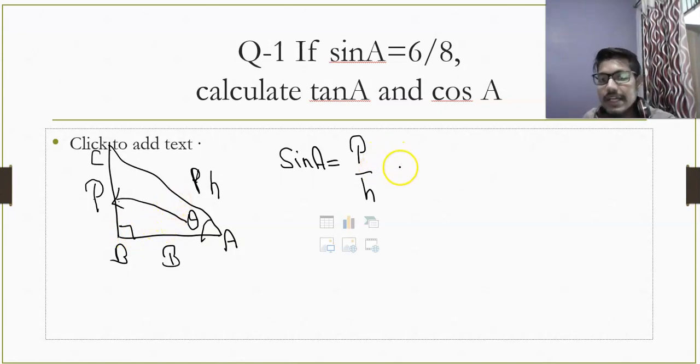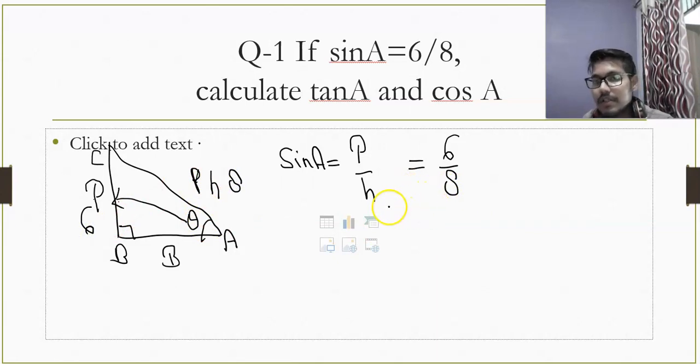So sin A equals perpendicular upon hypotenuse. Here perpendicular is 6 and hypotenuse is 8. Now all these trigonometric ratios depend upon the Pythagoras theorem.